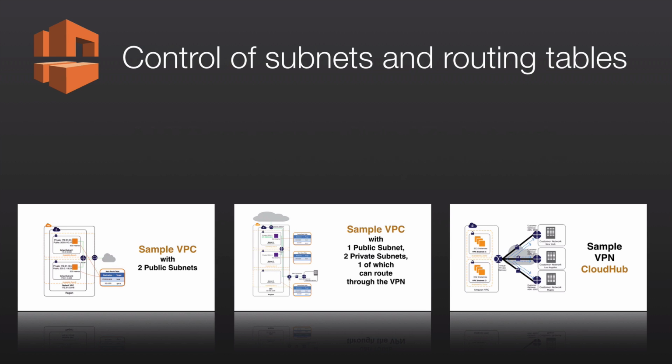It might be a very simple approach with 2 public subnets where you're going to distribute EC2 instances across 2 AZs and put them in different subnets. Could be something more complex, public subnets, private subnets, VPN routing. Or it might be sharing services across a variety of different customers using VPN-style hubbing, where you've got services in the cloud hubbed across a number of different VPNs.